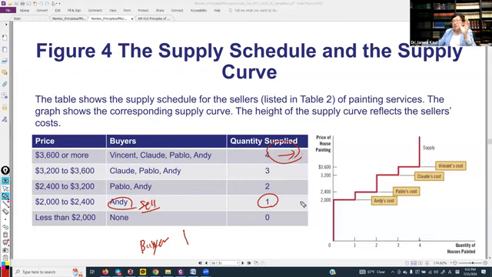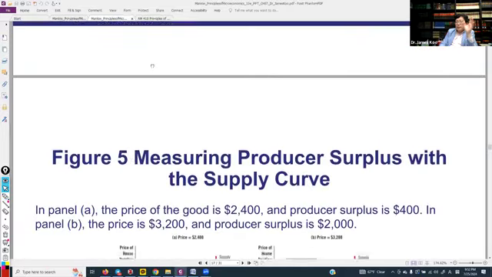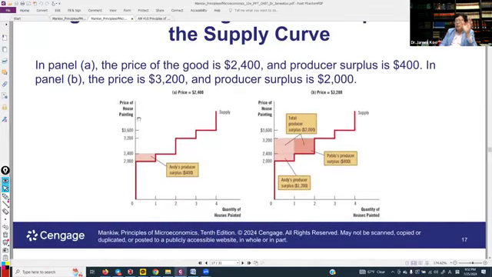Which price is defined? In this case, you find it. What's going on with the price? It is 2,400, fixed here.